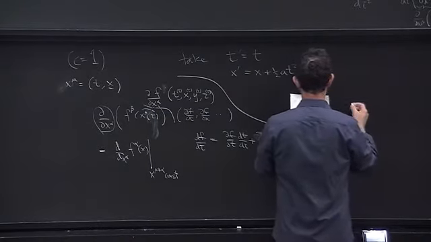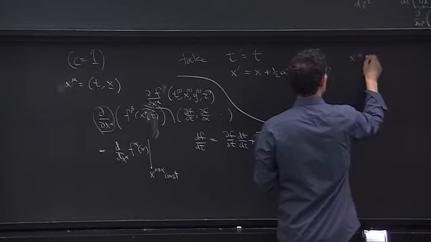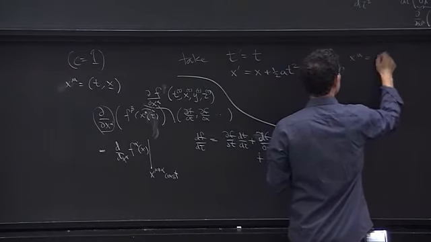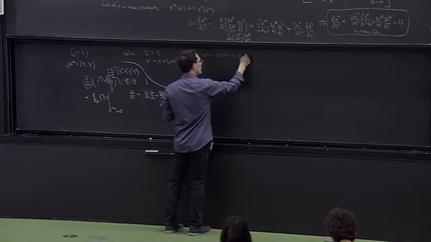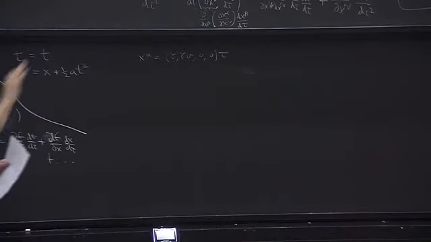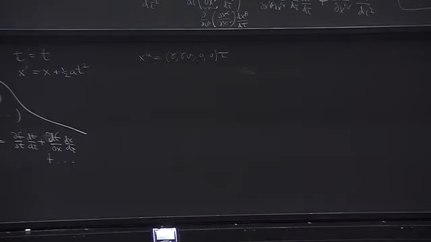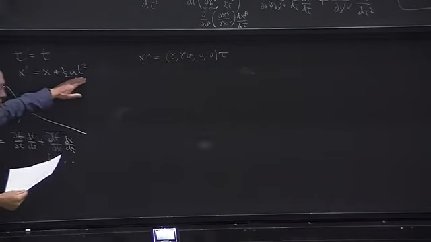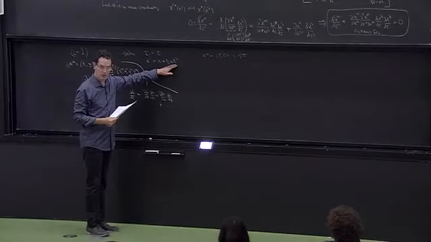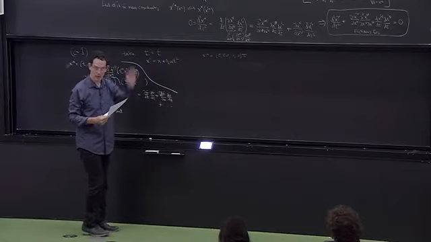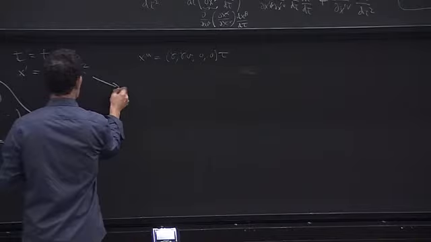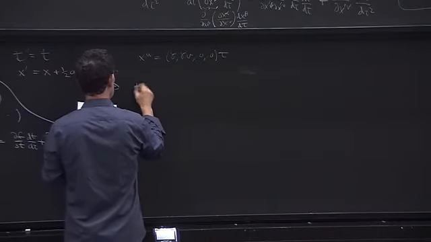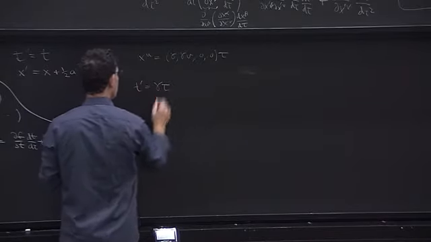So let's take x^mu to be gamma v 0, 0 tau. That's the trajectory in the x coordinates. But in the x prime coordinates, it's going to be curved. It's not going to go linearly in tau. It's going to go like tau squared. This will give us that t prime is gamma tau.